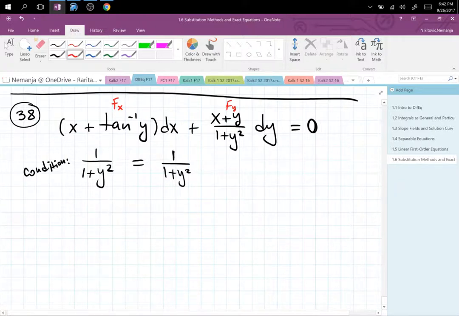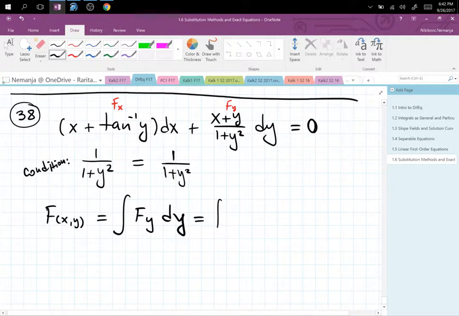Sure, start with fy, doesn't matter. So we are going to find our solution f of x, y by integrating fy with respect to y. You can start your problem this way, which is the integral of x plus y over 1 plus y squared dy.